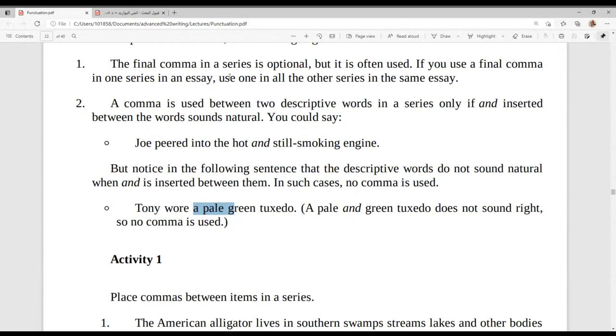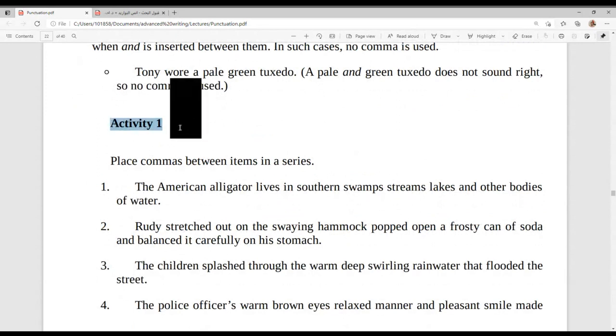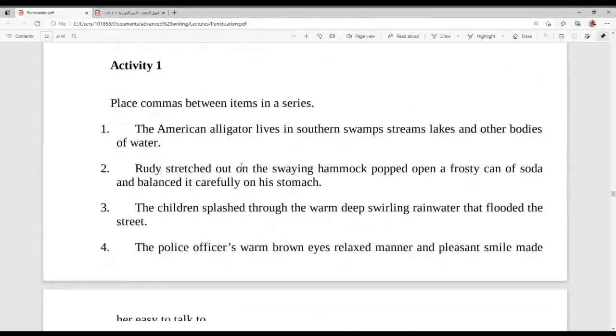It depends on the meaning. If you think that, wallahi, it sounds natural, you can use a comma or you can use and. If you think that it doesn't sound natural, there is no need for the comma and for the connector and.